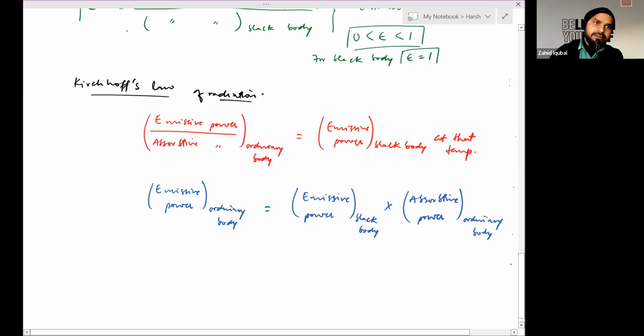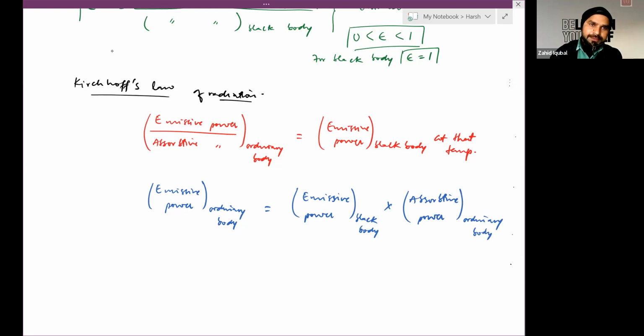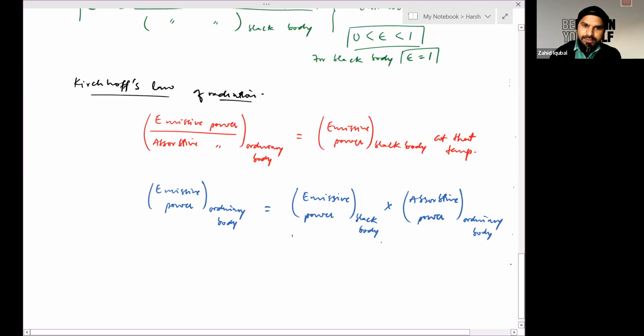Since emissive power of a black body is constant, we are left with emissive power and absorptive power, and we can say these two are directly proportional to each other. So a good absorber will also be a good emitter. Is it clear?